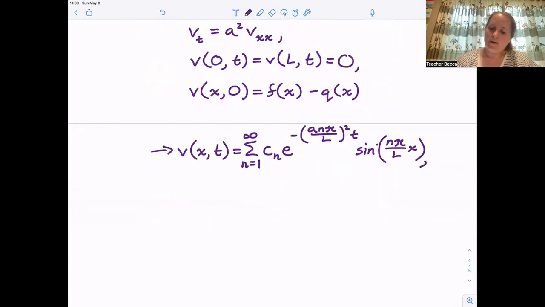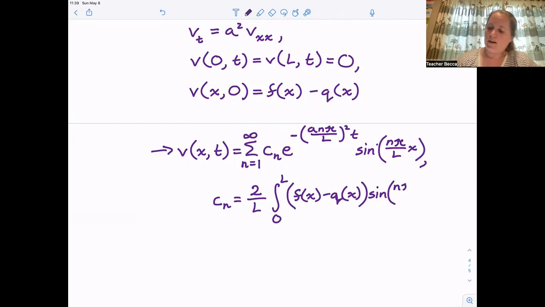And our c sub n's are 2 over L times the definite integral from 0 to L. This time, instead of f of x, our initial condition was f of x minus q of x. So we'll do f of x minus q of x times sine of n pi over L x dx.